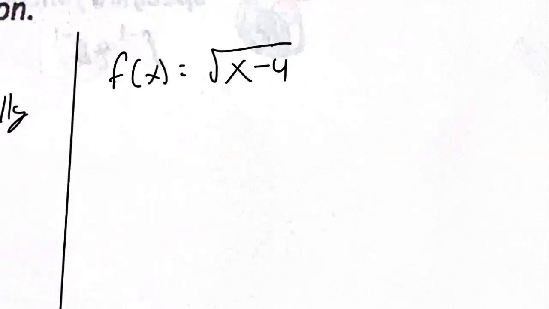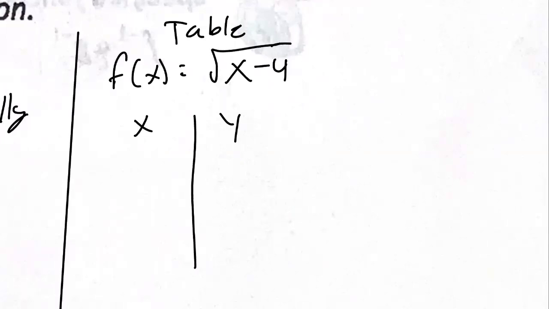And this is where we're going to create a table. Now, what restriction does my radical have? X has to be greater than or equal to 4. No matter what, it has to have that restriction, right? You can't plug in -5, you can't plug in -6.